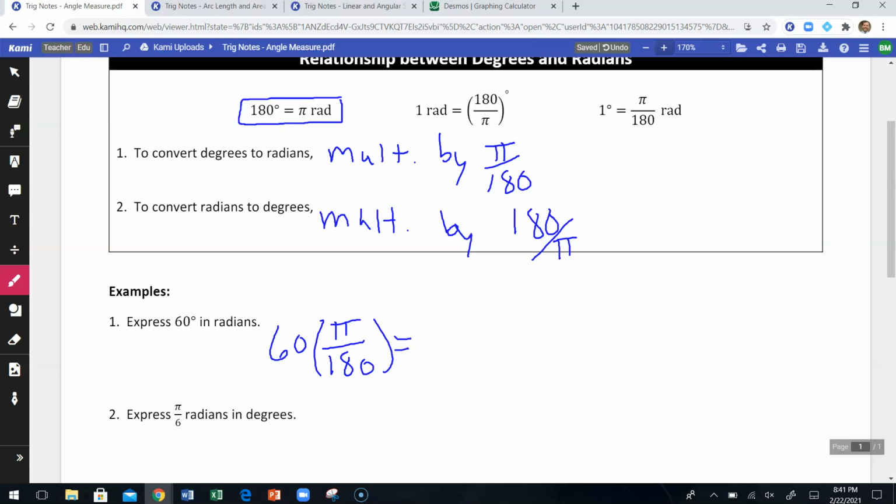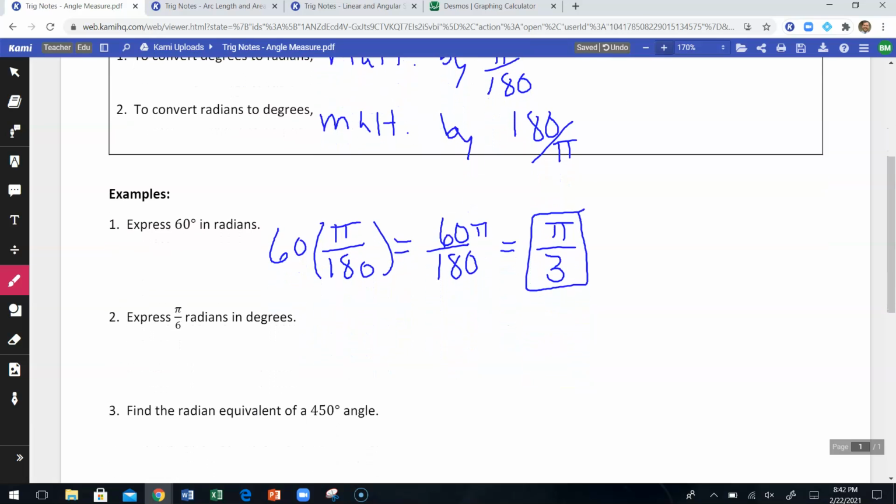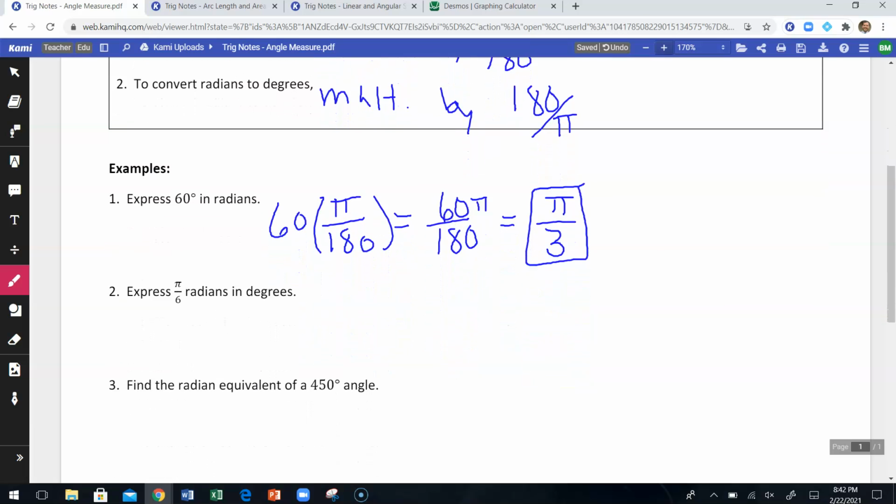Essentially what we have here is 60 over 180, right? So I can think about that as 60 over 180 pi, and 60 over 180 is 1/3, right? 60 is a third of 180, so that's going to be pi over 3. And again, you should already know that pi over 3 radians and 60 degrees are the same angle measurement.